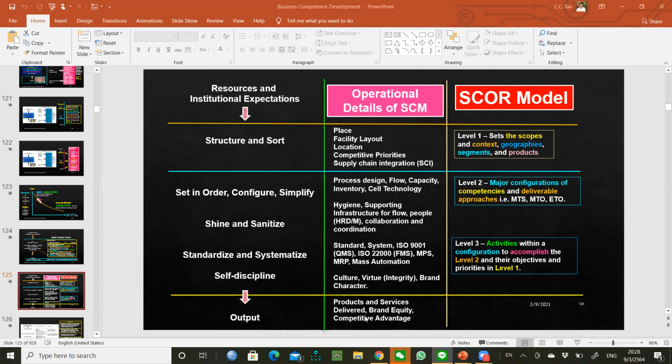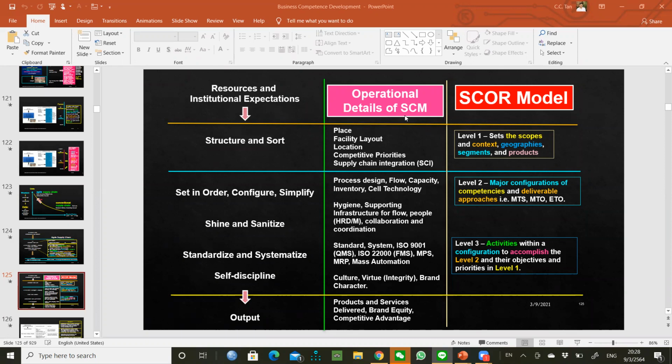Okay, so these are all these operational details. And we are now competing on a network, an ecological system. So really, it's supply chain management or business ecosystem supply chains.